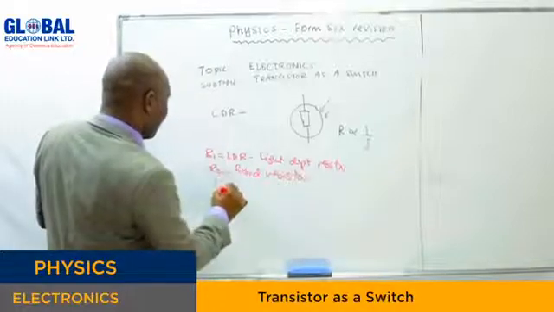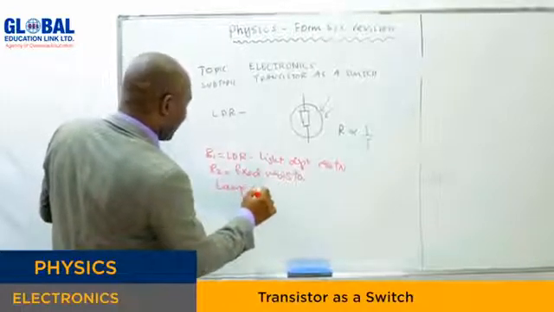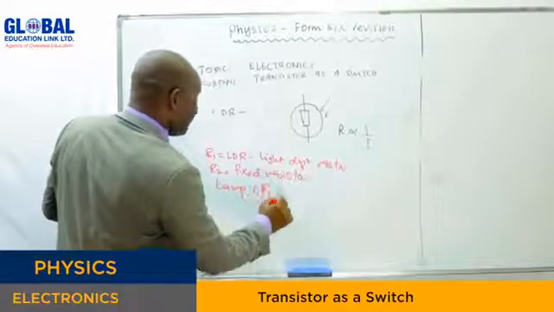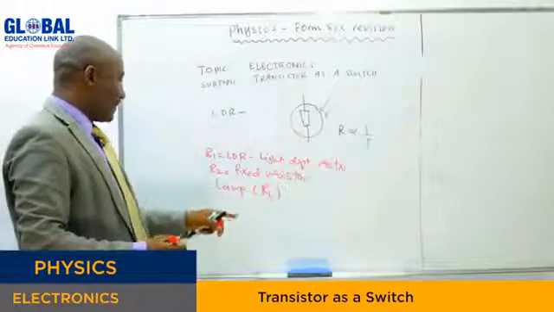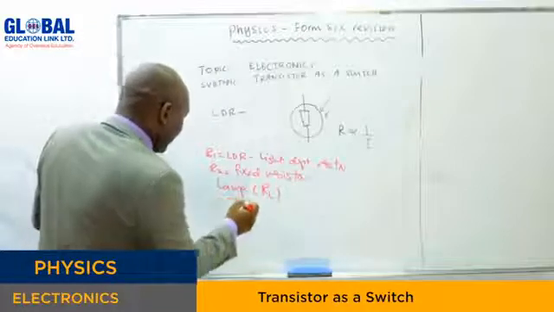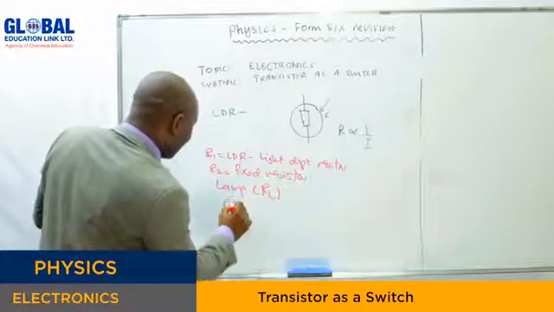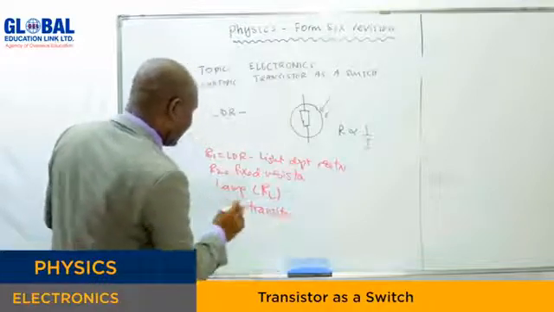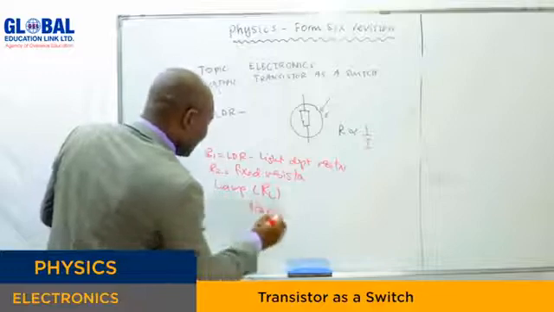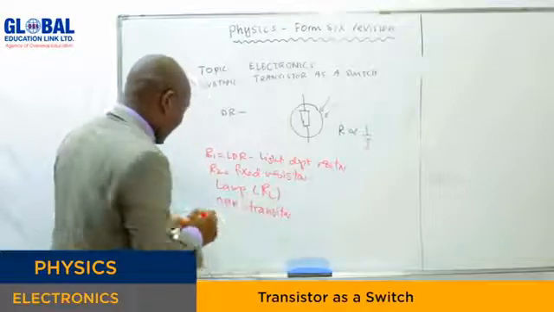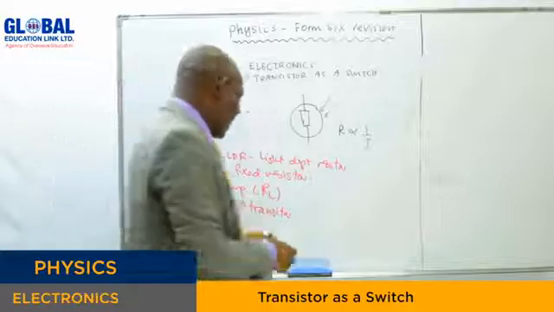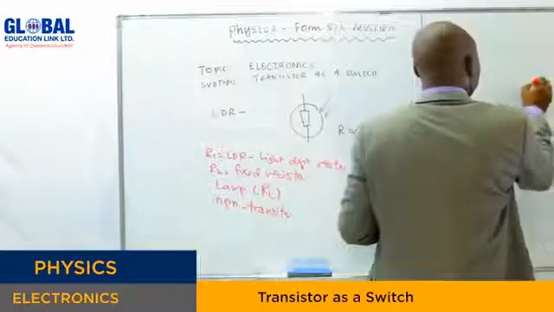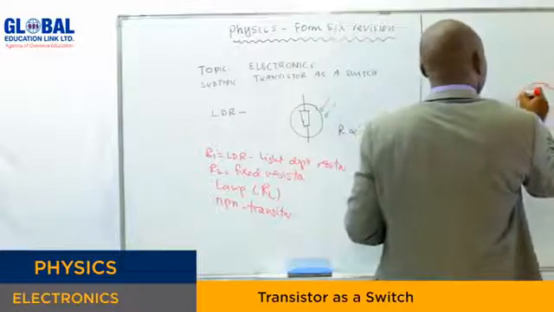And then we're supposed to have the lamp, replacing the output resistor. And then you're supposed to have the common emitter transistor. Just talk about a transistor in the NPN transistor. You can use NPN or PNP, so I prefer using that. So step number one, you draw the circuit. This is our circuit here.